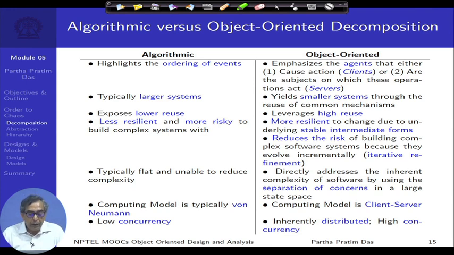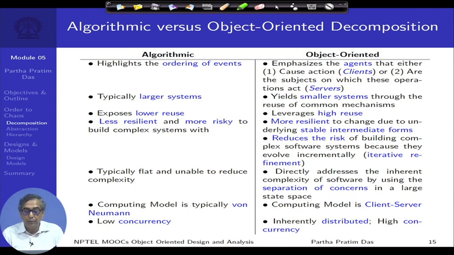If we look at it point wise, the algorithmic approach is primarily based on ordering of events, because it is primarily encoding of an algorithm, that is, the time order, whereas object oriented systems are more distributed. They emphasize the agents that are clients and servers. Naturally, algorithmic decomposition leads typically to larger systems.